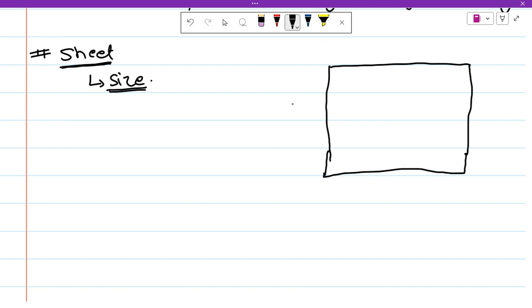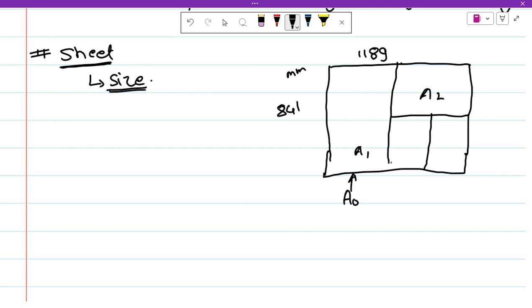We use a paper whose dimension is 841 mm by 1189 mm. This size is termed as A0. This size of paper, when divided in half, creates A1. When this is divided in half, it creates A2.